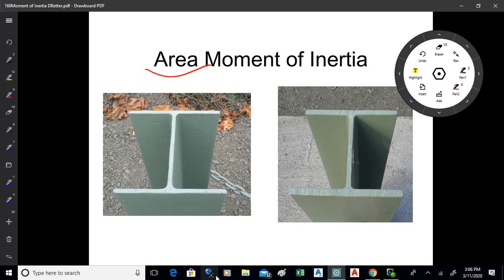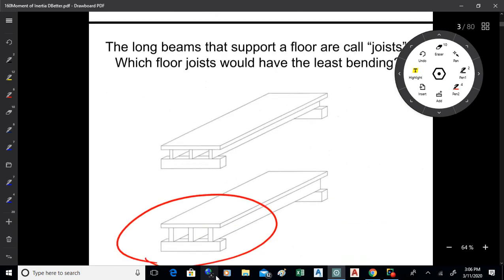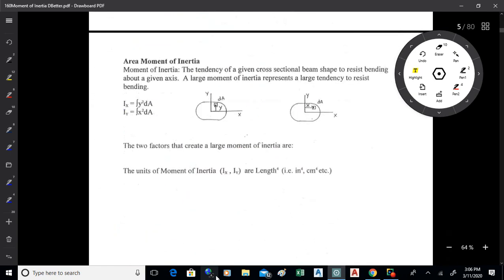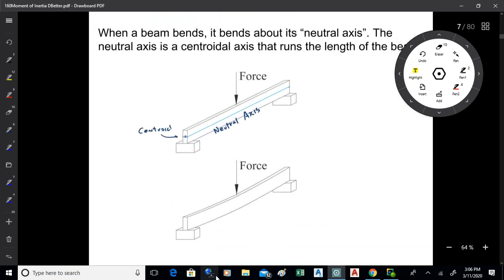They look like wide flange type beams. They're made this way on purpose, so that they won't bend or flex a lot when they're loaded, okay? Because generally speaking, we want to avoid that in a beam. So the moment of inertia is a number that tells us how much stress will build up in the beam as it's loaded, as you're seeing there.